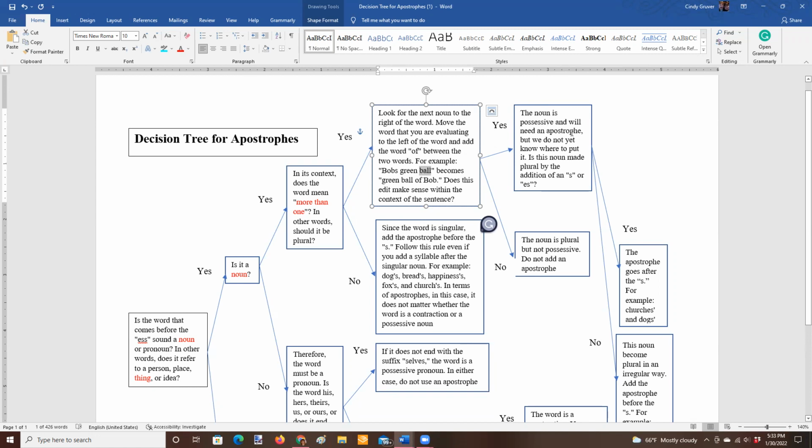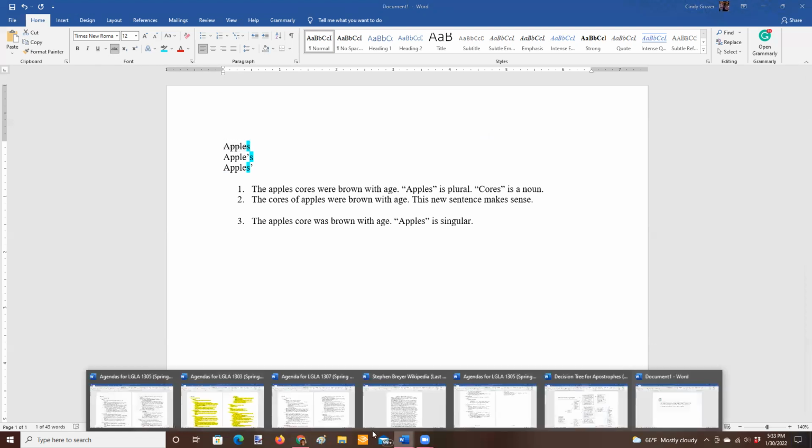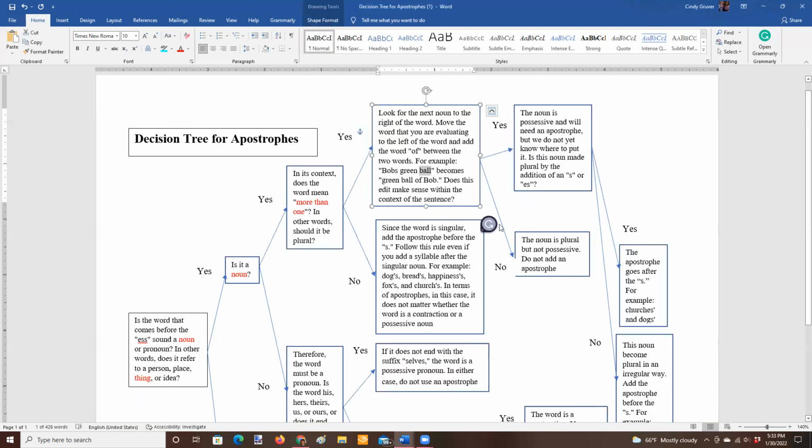And will need an apostrophe. But what we do not yet know is where to put it. So going back to our list here, we can rule out this option for sentence 1. So I'm going to just cross it out. What we don't know is whether it's going to be this choice B or choice C. And we're about to make that decision. So this is the question we ask.